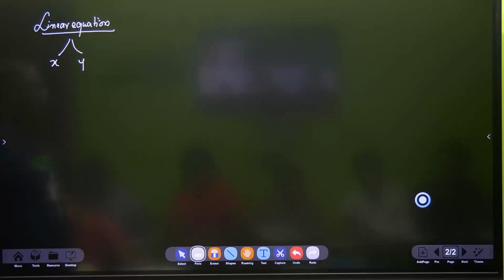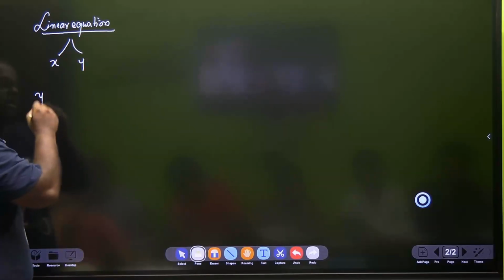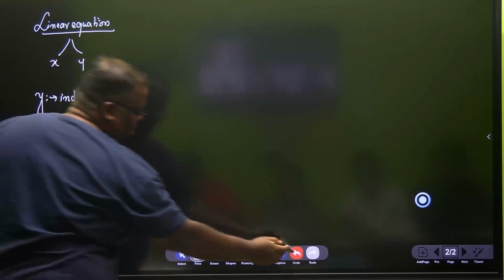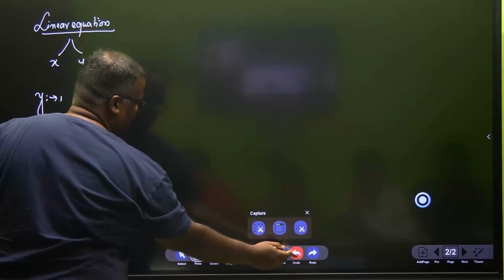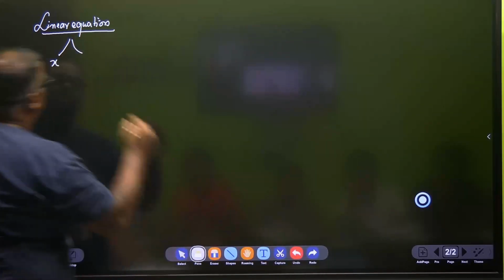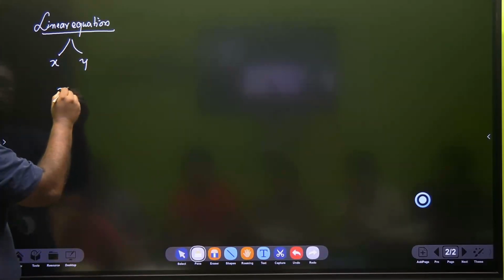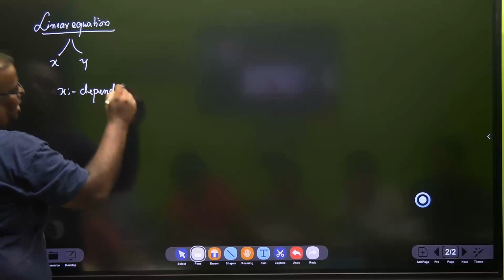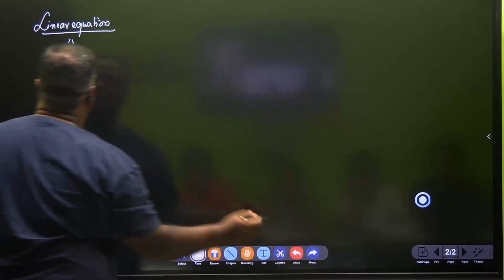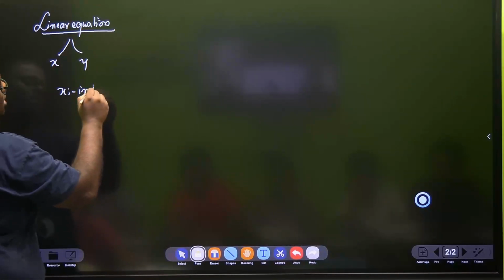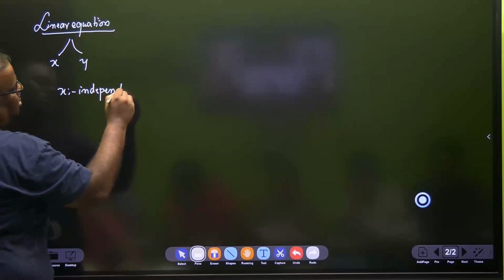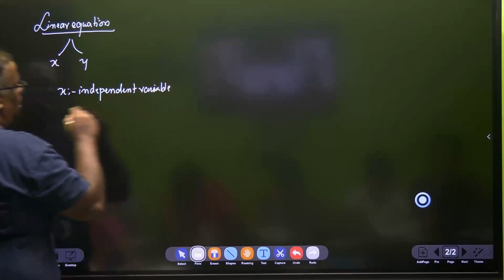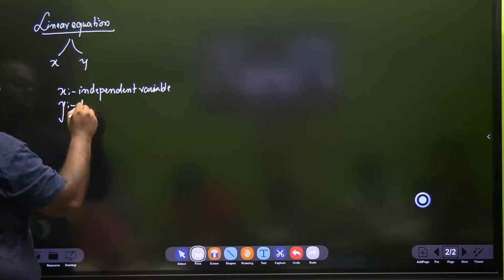Okay. Now how are these variables mapped? Y is generally taken as the dependent variable. X is known as my independent variable.